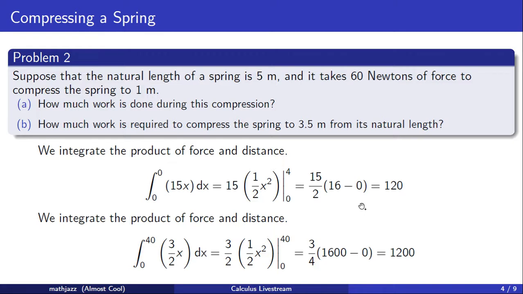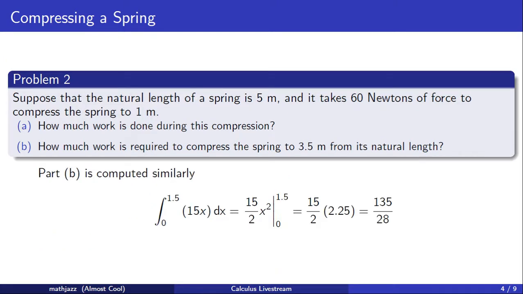Okay, so now for part B. How much work is required to compress the spring to 3.5 meters from its natural length? So, if it starts at 5 and it compresses to 3.5, that's a compression of 1.5 meters. And we use the same force function, and we use the same differential distance, so we get the integral from 0 to 1.5 of 15x with respect to x.